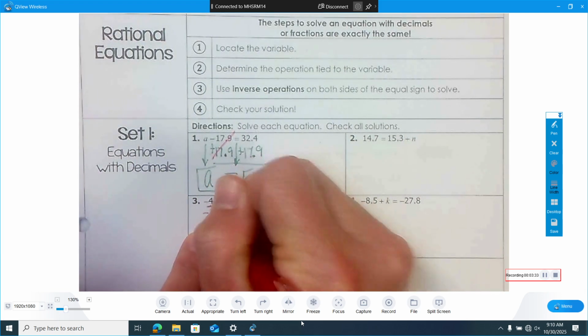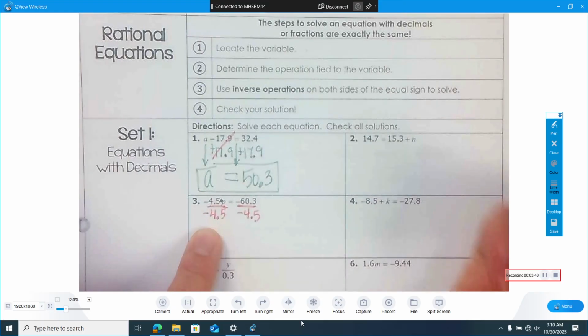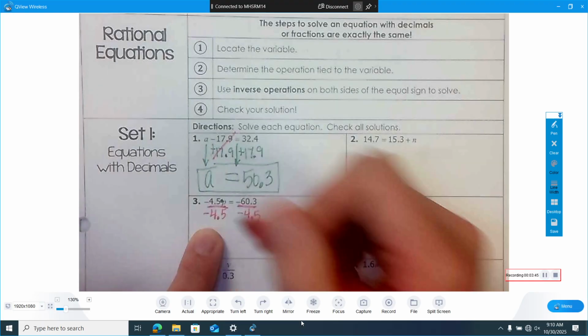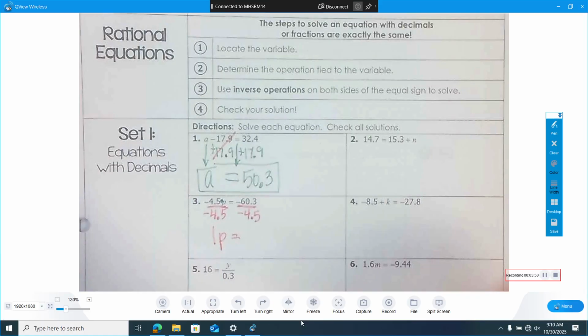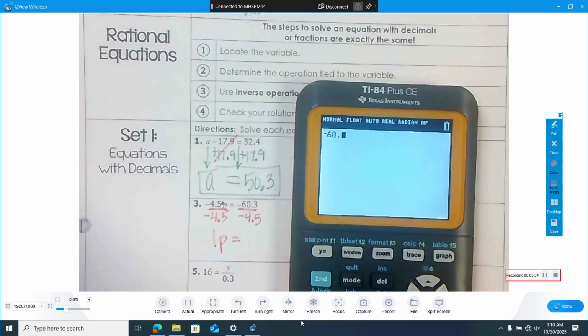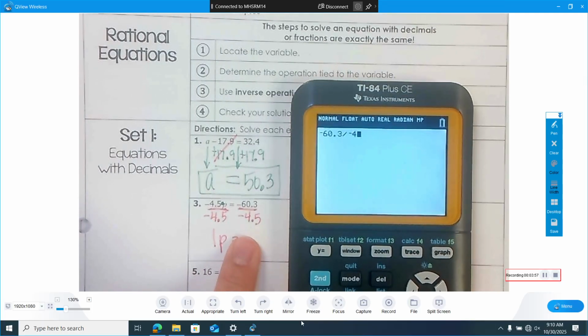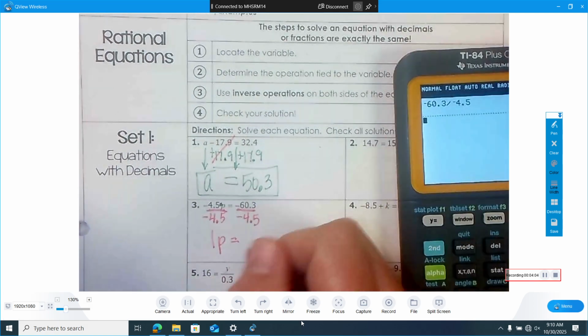The whole negative 4.5. So we're going to divide both sides by negative 4.5. What is negative 4.5 divided by negative 4.5? It is 1. We want it to be a 1. It reduces to 1 P. And then in my calculator, negative 60.3 divided by negative 4.5, and we get 13.4. Okay. All right.